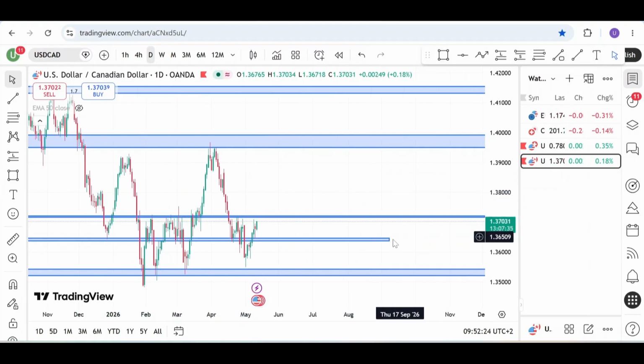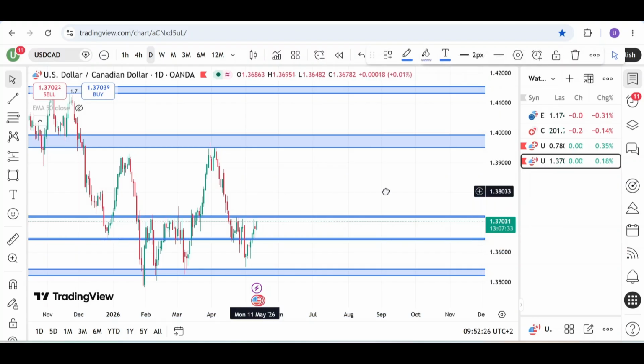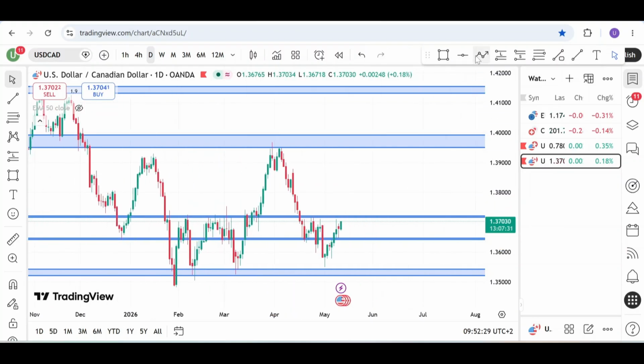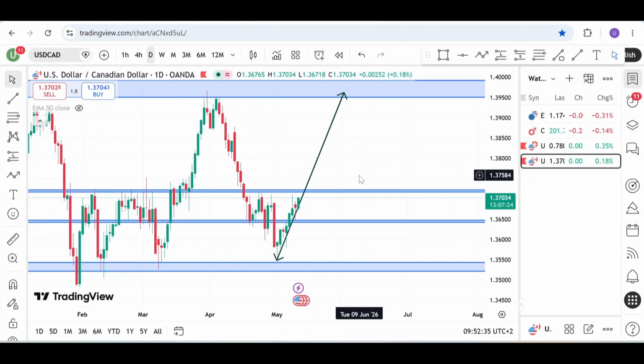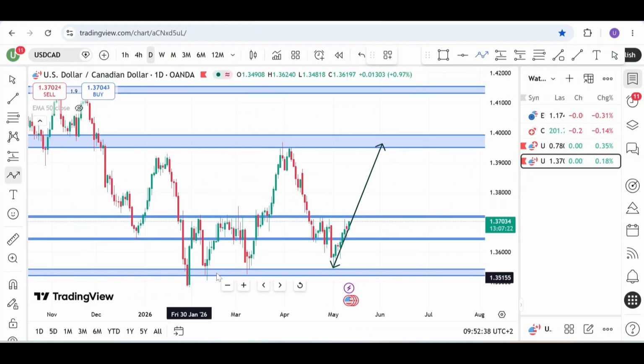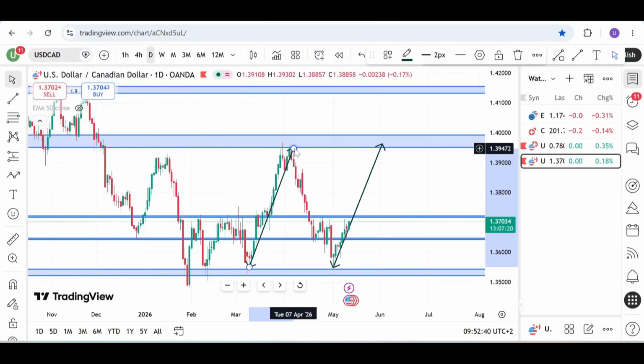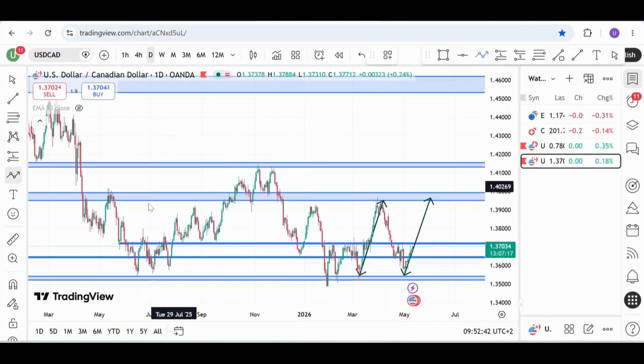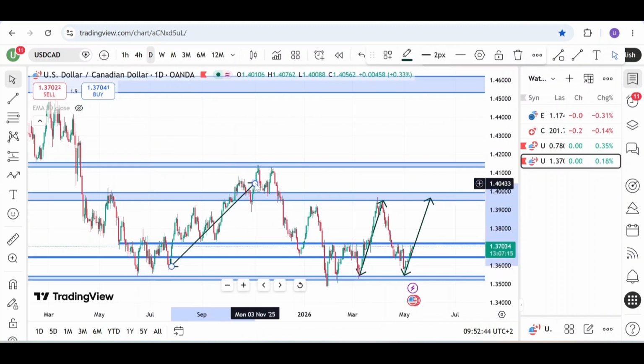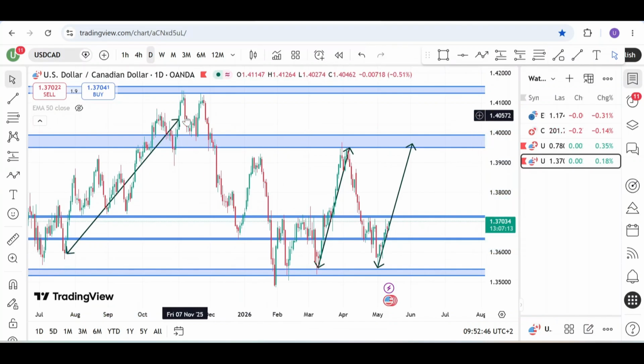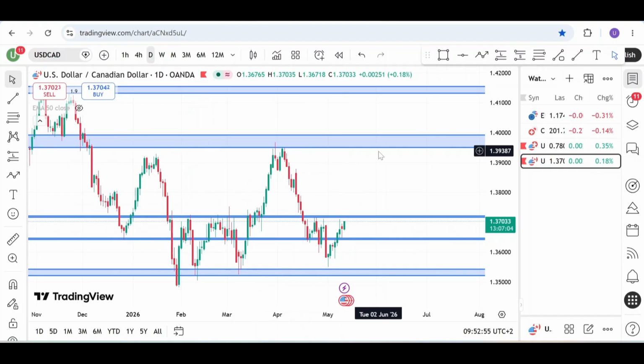As you can see, the price is coming from this weekly support, so we can expect the completion of this impulse to the weekly resistance, like this. We are in an uptrend currently because of that range or consolidation we have seen here.